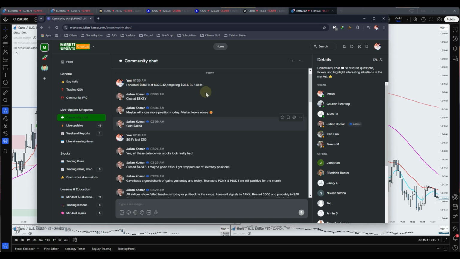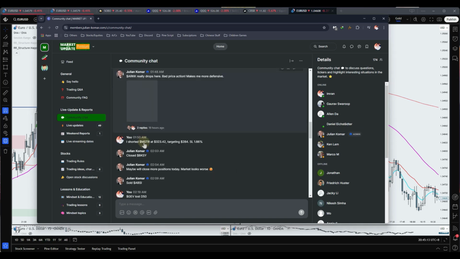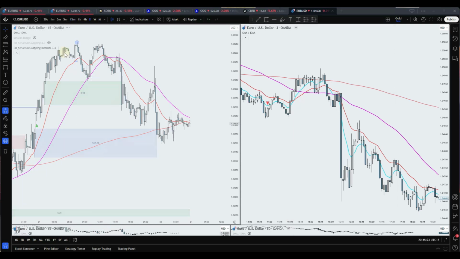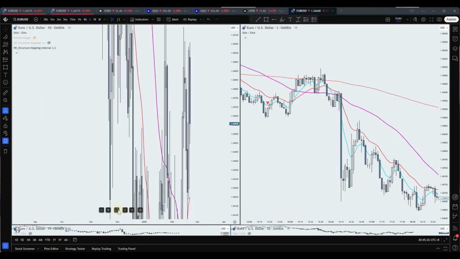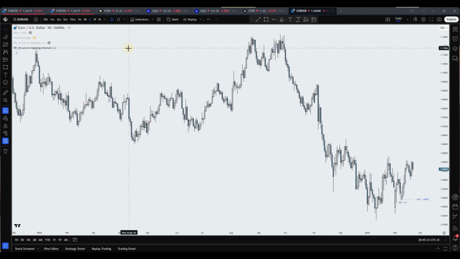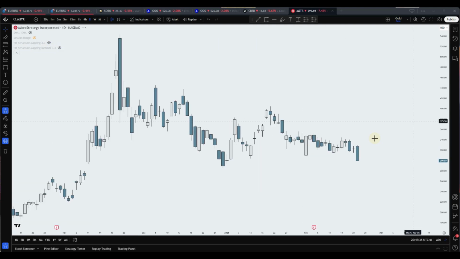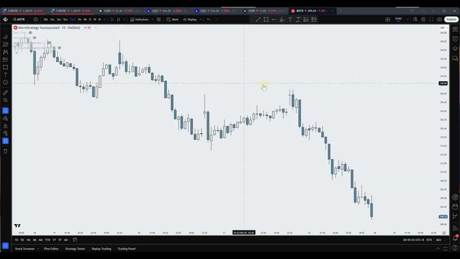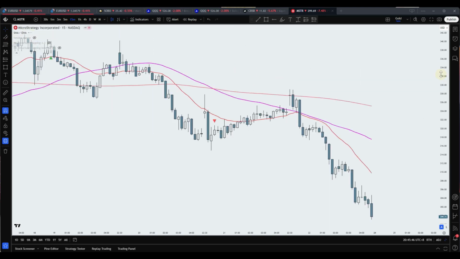Look here, I shorted Mastercard at, where is the price, 323.42. Look here, I go to the 15-minute time frame and the moving averages.